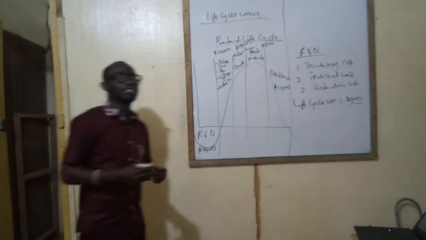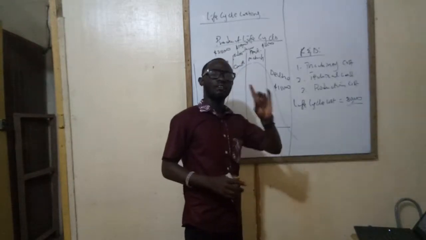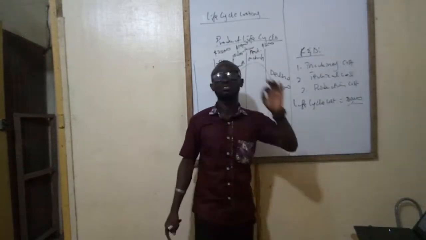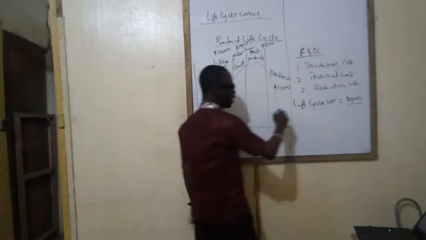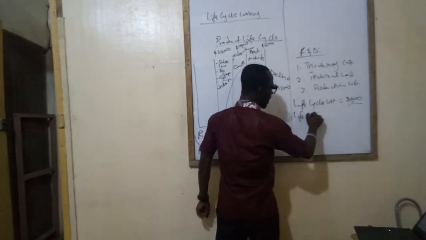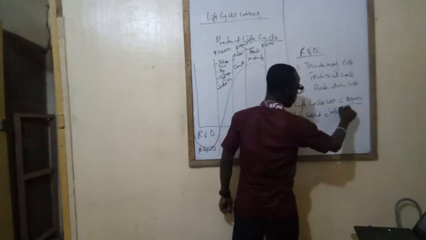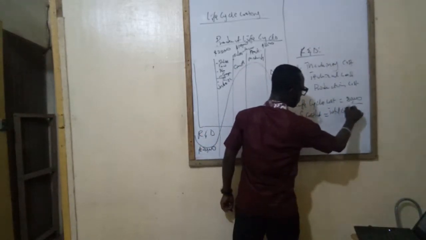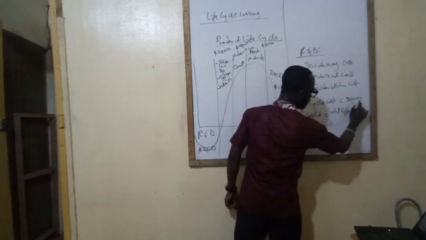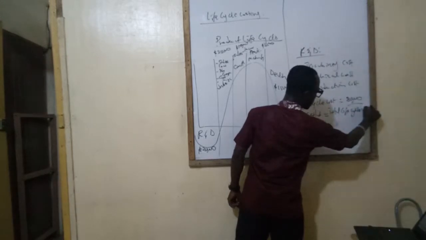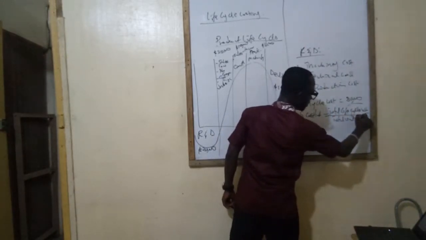But always, the examiner is not going to just ask us to calculate the life cycle cost. Rather, he will ask us to calculate the life cycle cost per unit. So how do we get the life cycle cost per unit? The life cycle cost per unit is the total life cycle cost divided by total units during what?